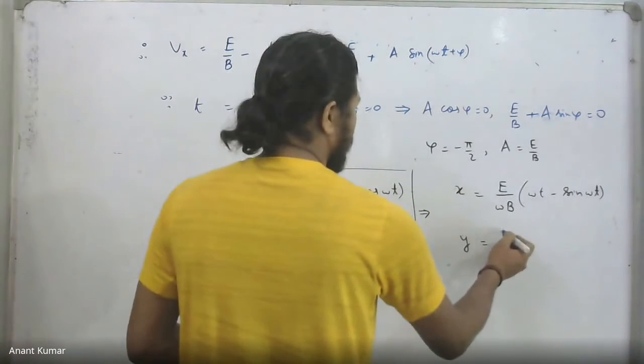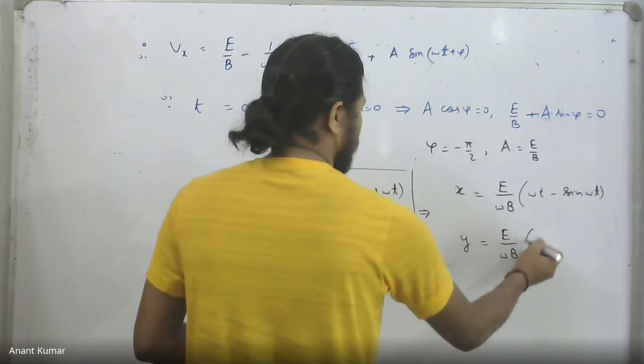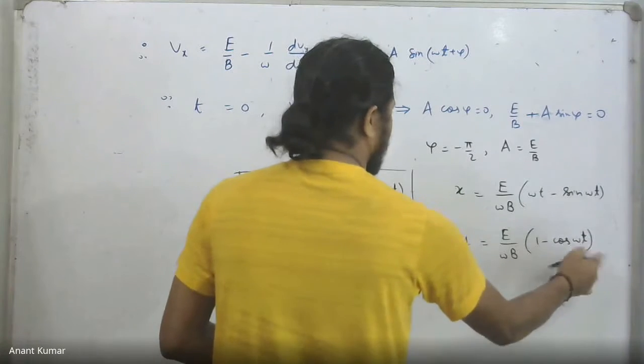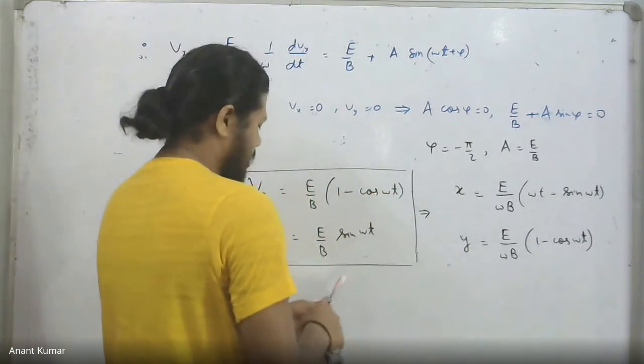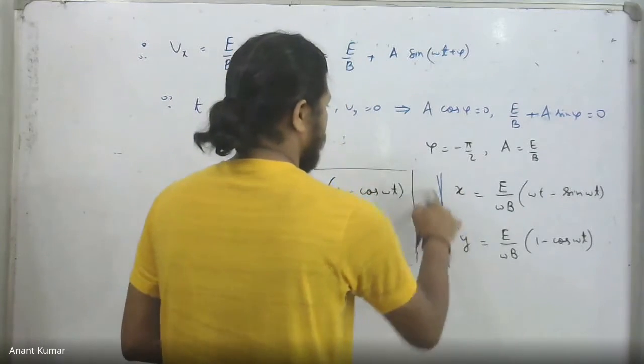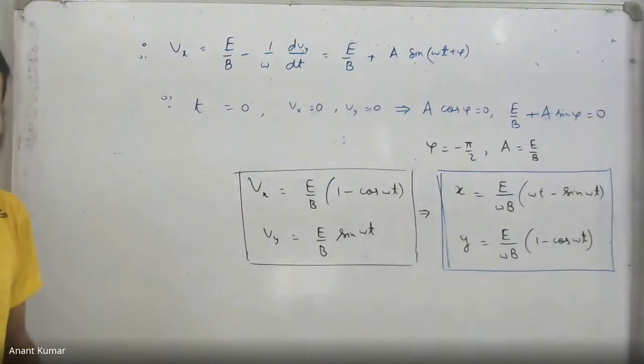So I get e by omega b into 1 minus cos omega t. These are the x and the y coordinates we're getting over there. They will parametrically determine the curve.